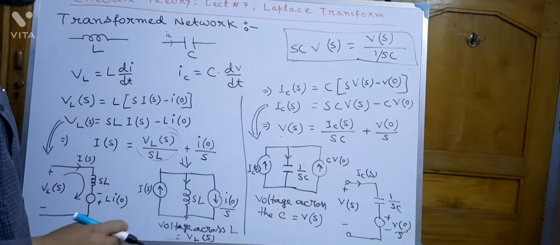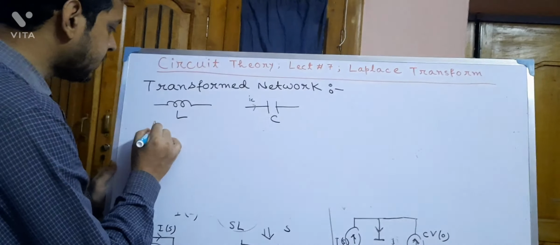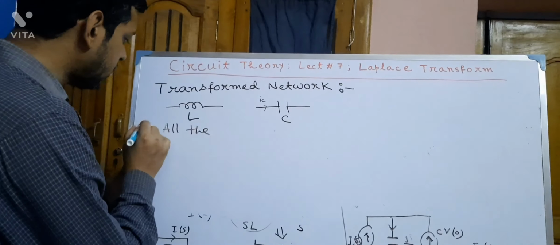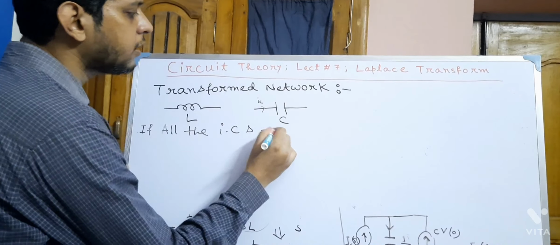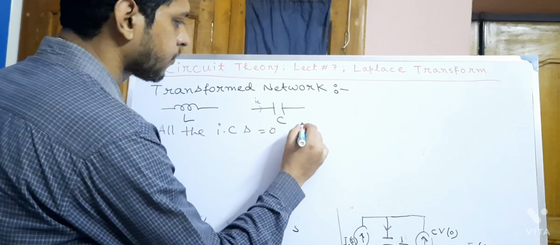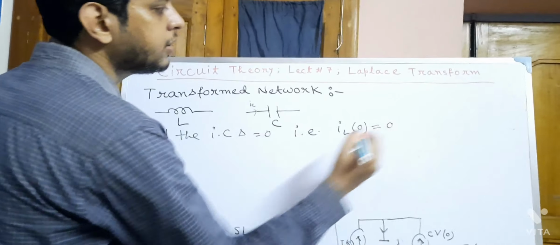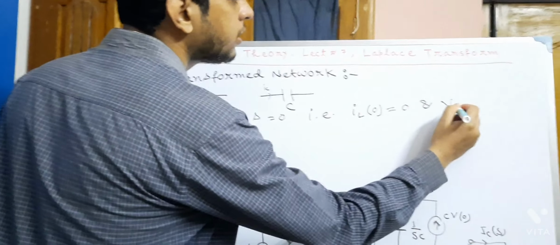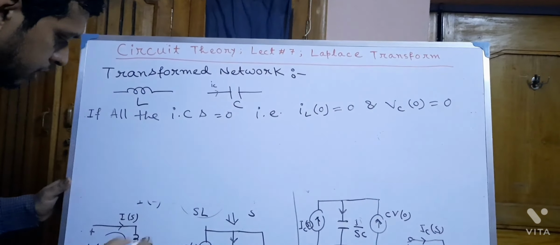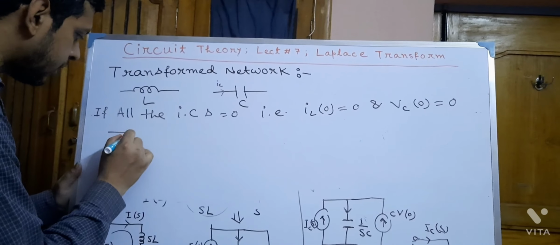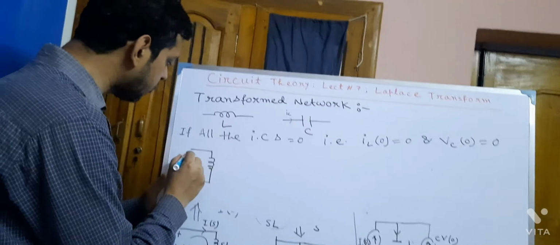So in a nutshell, if all the initial conditions are 0, that is, initial current through the inductor is 0 and initial voltage across the capacitor is 0, then this circuit is equivalent to this one.